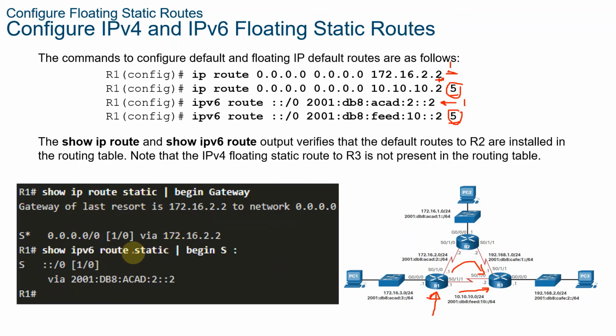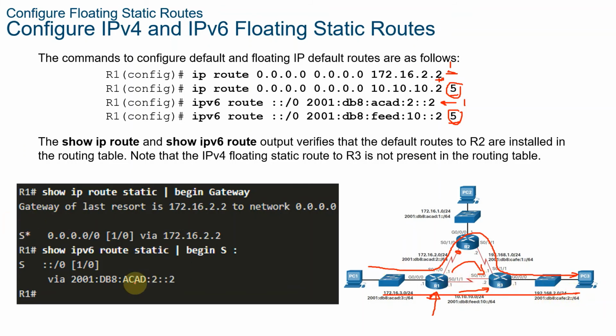This is on R1, something like it's via 172.16.2.2. That means the active link is from R1 going to R2, going to R3, going to, for instance, PC3 here. But if this link fails, traffic should traverse from R1 to R3.